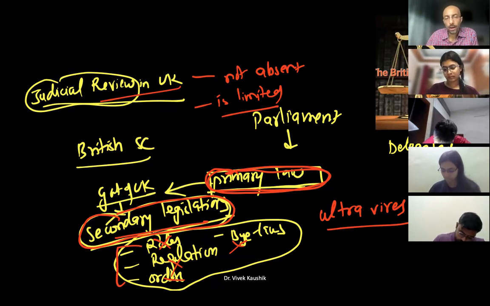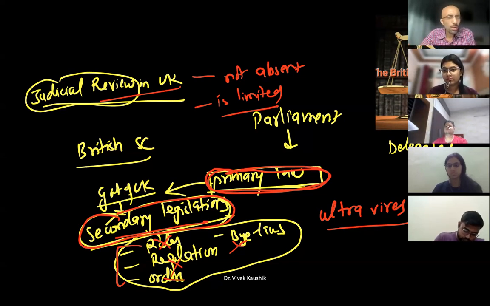Okay, so if I'm a British citizen, what can I do? If I feel that any law of the parliament is abridging my fundamental rights, my liberties, my freedoms, then I would be helpless. I can't go to Supreme Court, and Supreme Court can't protect my rights. It means my rights, my liberties are not protected against the primary law made by the parliament.